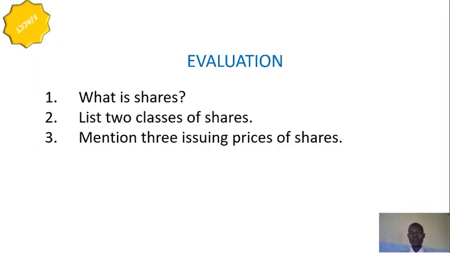Shares issued at premium occurs when the issuing price is higher than the nominal price. E.g., ABC Limited issues 5,000 units of 1 naira each at 3 naira. The difference there being 2 naira is the premium price.